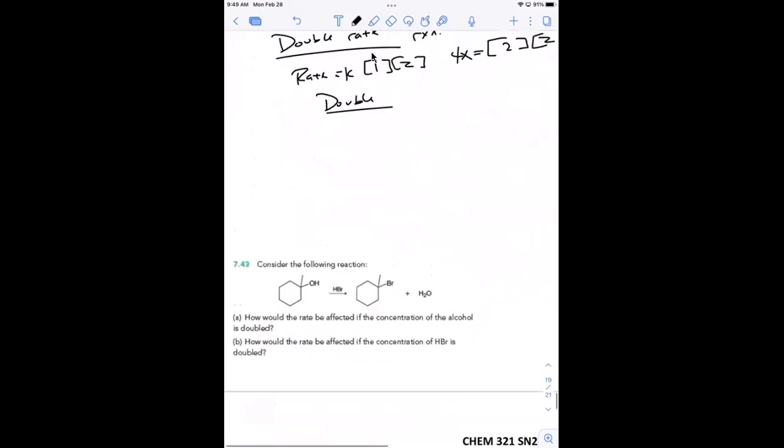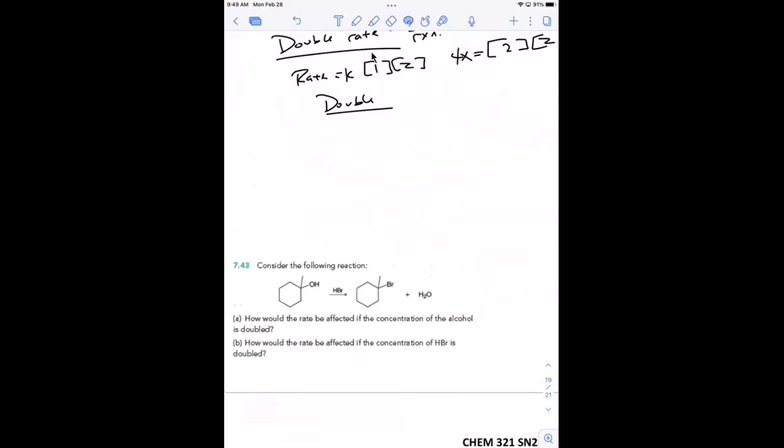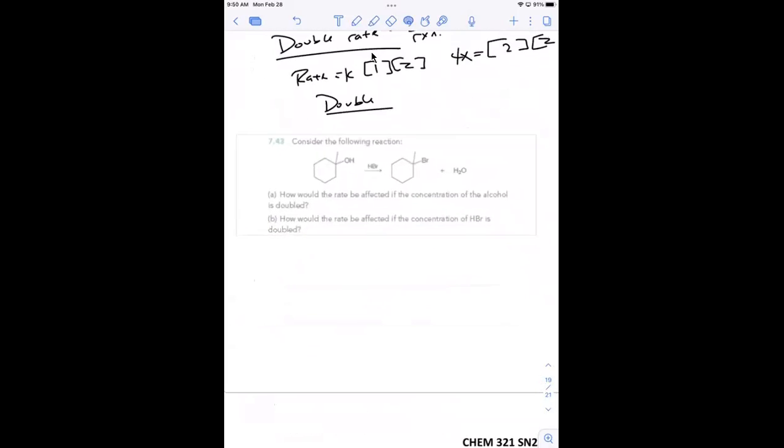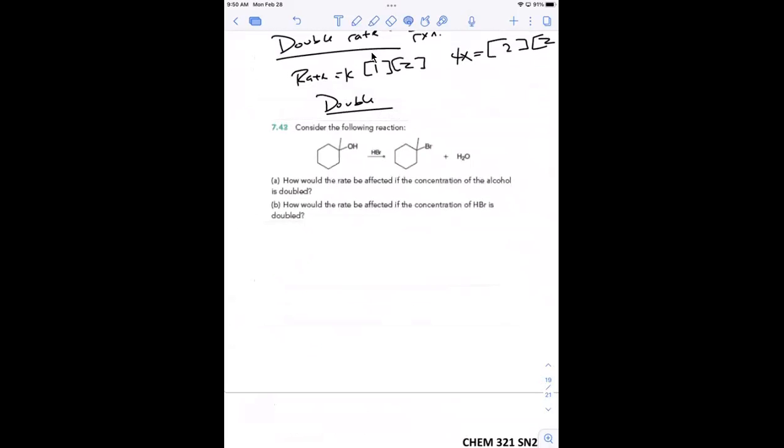All right, let's do the next one. Let's do 743. What do we need to know about this in order to answer these questions? Whether it's SN1 or SN2. You need to know the mechanism. You can't answer the questions about the rate unless you know what the mechanism is. What do you think?